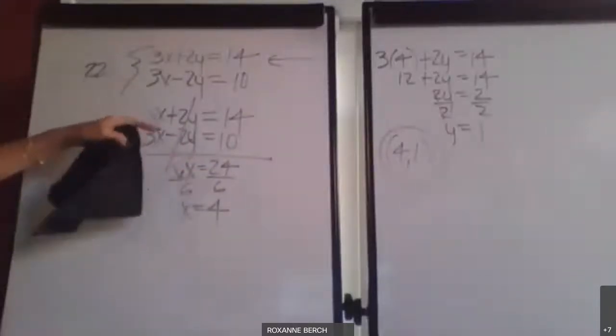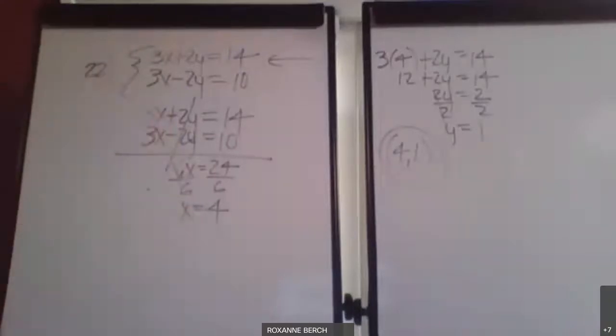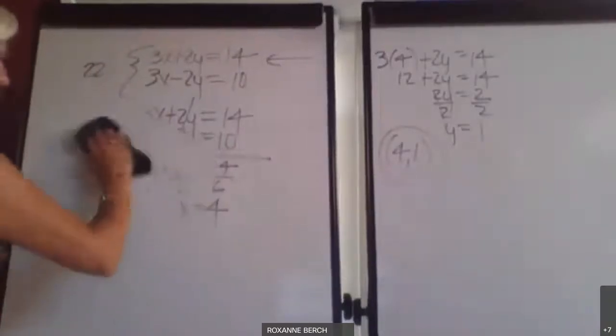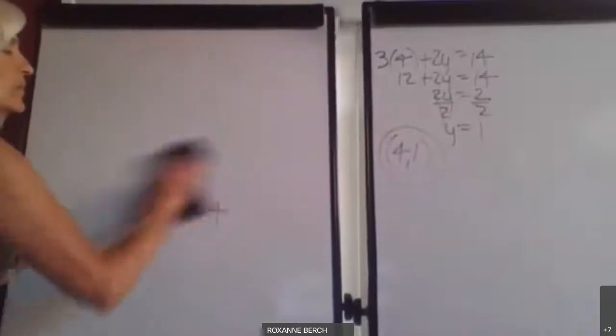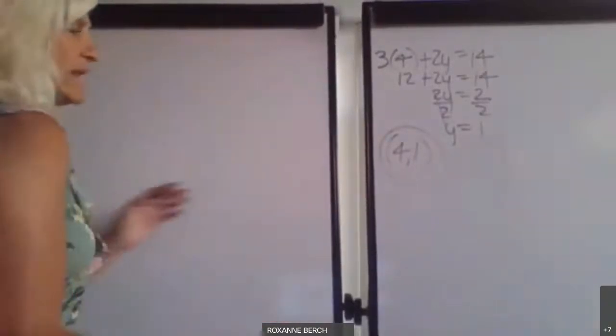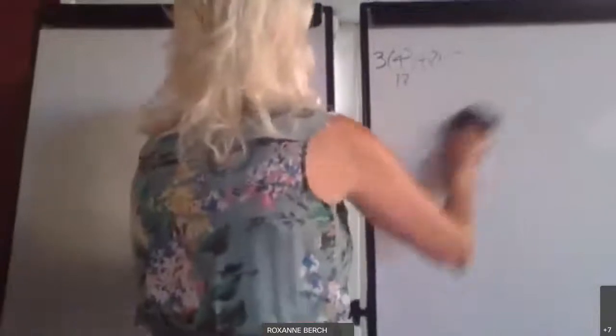Okay, let's do a harder problem where they don't automatically cancel. In this problem, you're going to have to manipulate one or both of the equations to make a variable cancel. So let's take a look at number 24.